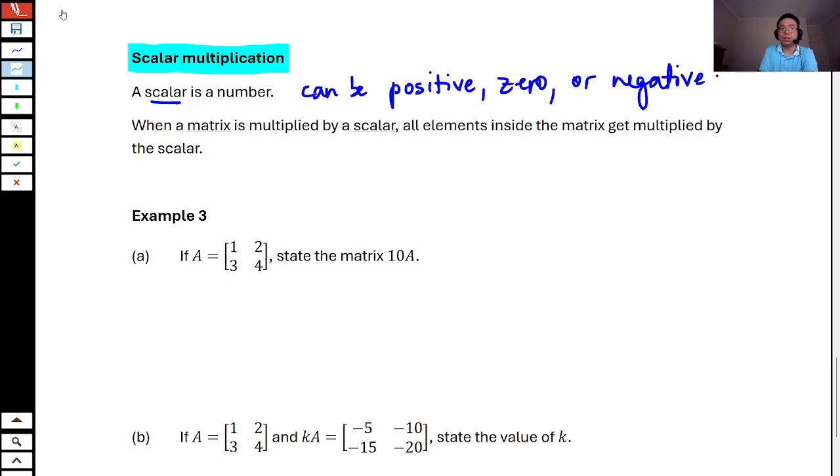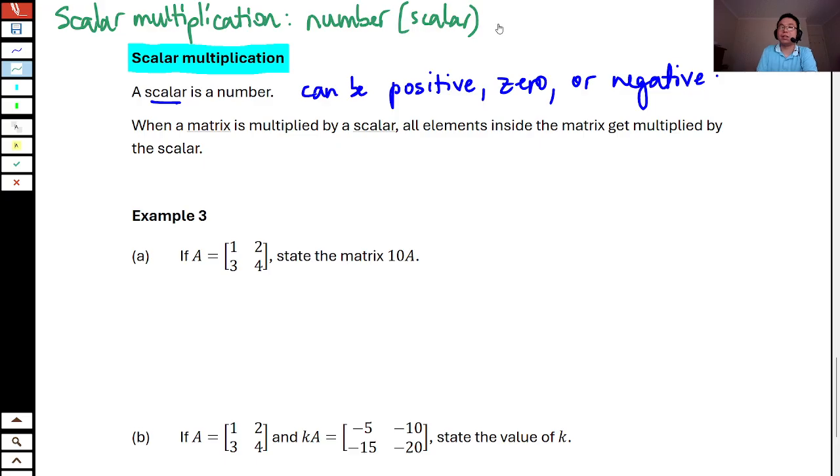We can do scalar multiplication, and this is where we have a number that is the scalar times a matrix. And in the next lesson, which is not today, we will do what's called matrix multiplication. And this is where we're going to take a matrix times another matrix.